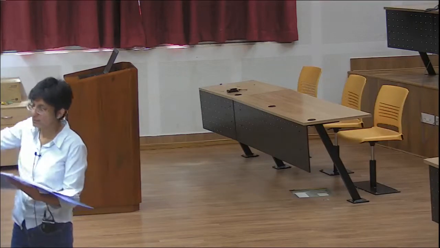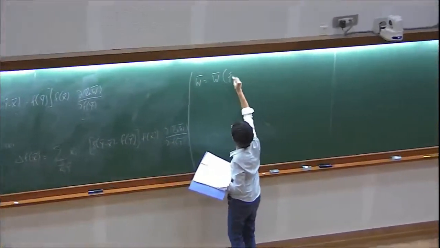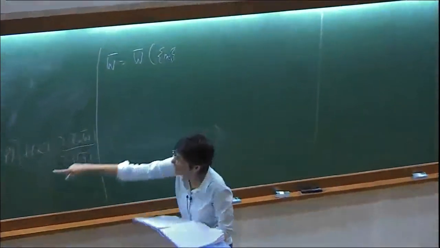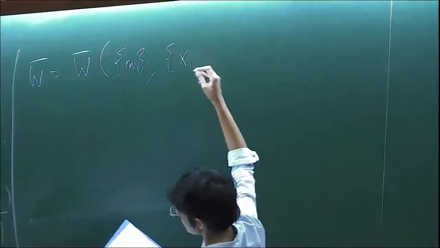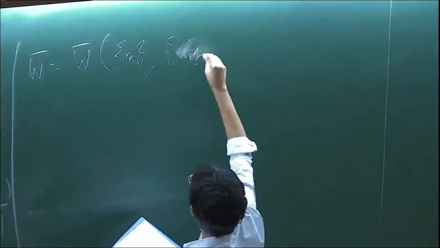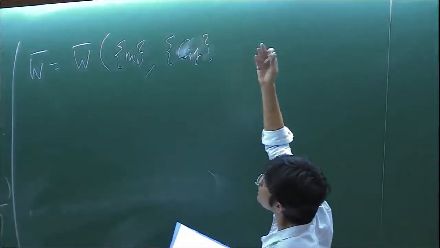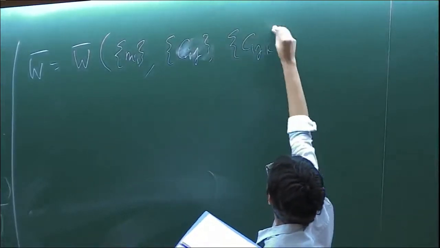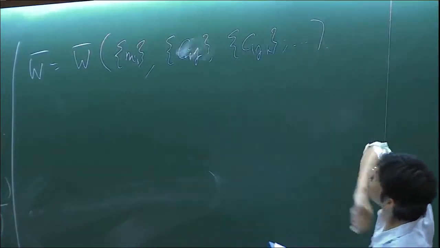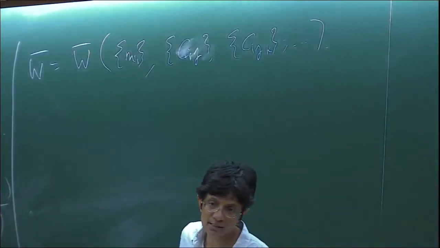So it's better to think of W bar as a function of the Mi, which are defined, and such variances, let's call it Cij, variance, covariance, etc., third cumulant, and so on. Okay, if you do that, you do some change of variables.